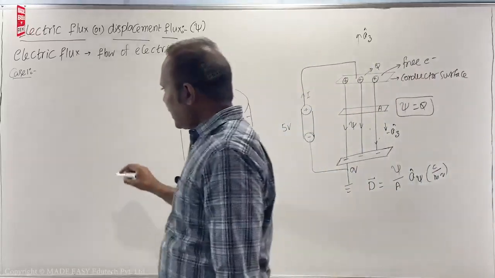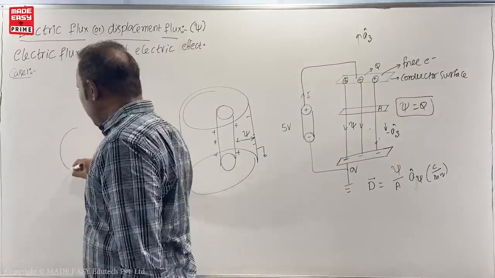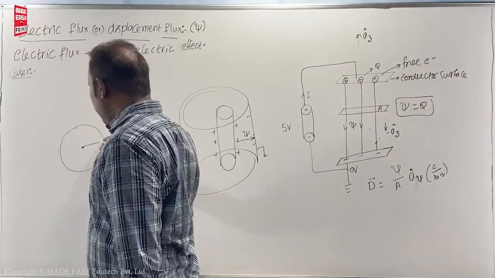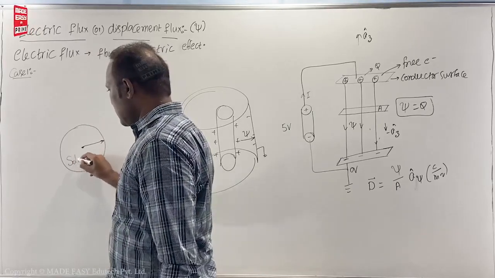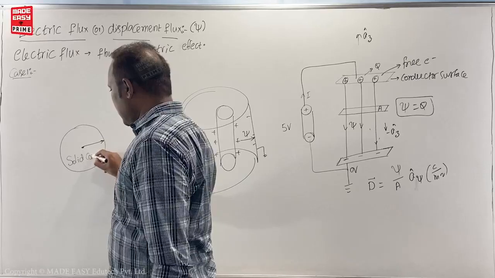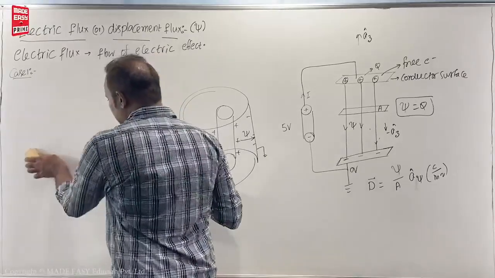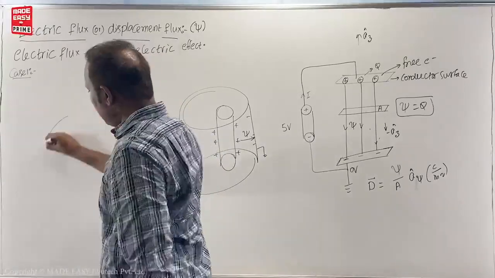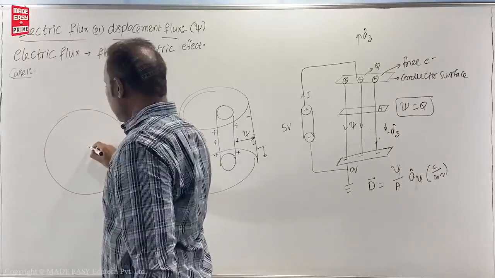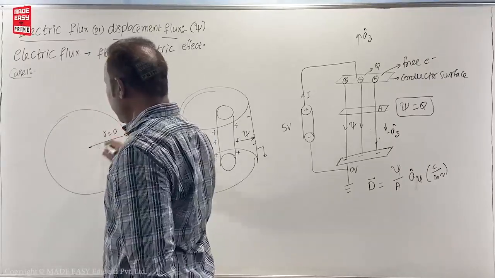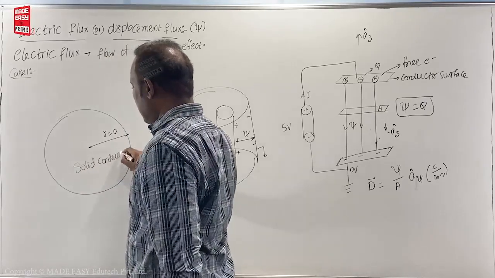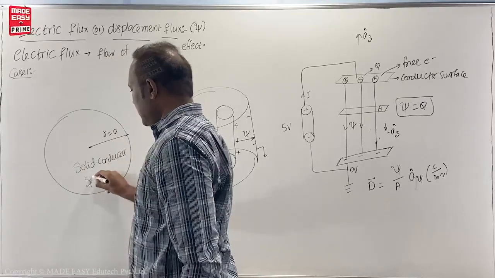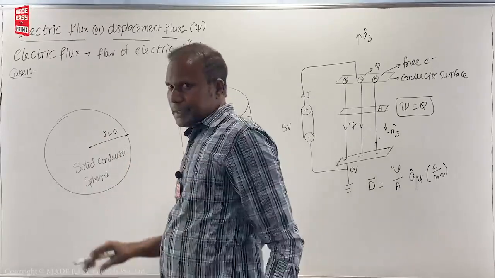Similarly, if I take here one solid sphere, so it is a solid conductor. I will write a little bigger. So this is, let us say, radius r is equal to a. Then this is a solid conductor sphere. Solid it is.